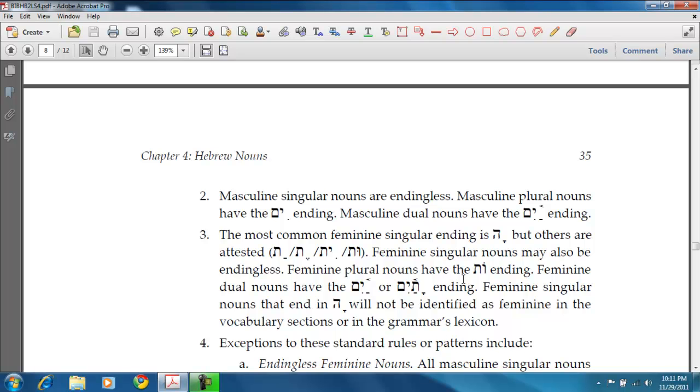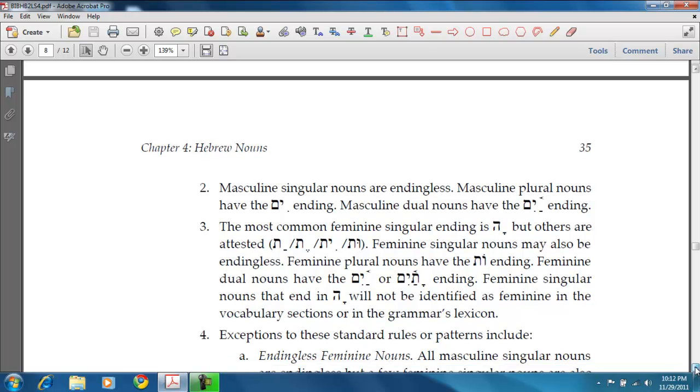Feminine plural nouns have the ot ending. Feminine dual nouns have the ayim or the atayim ending, where the hey drops out and you got the kametz and then the tav and the dual ending. Feminine singular nouns that end in kametz hey will not be identified as feminine in the vocabulary sections or in the grammar lexicon, but just realize that they are feminine.